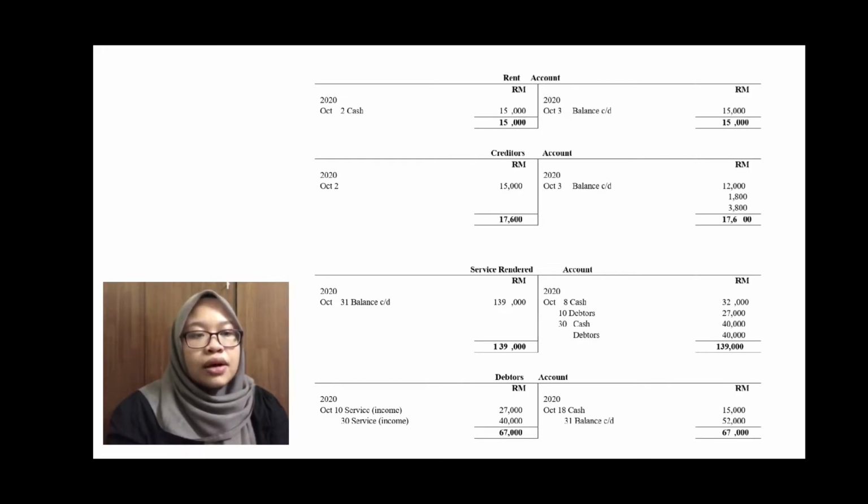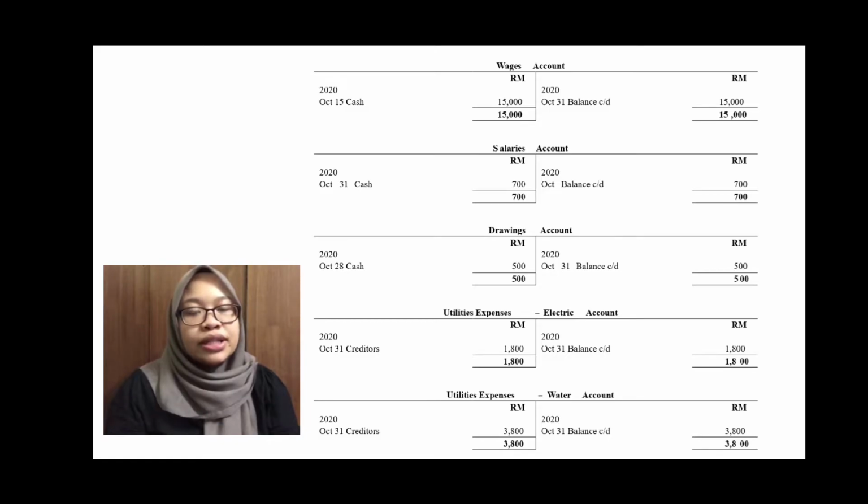For the debtor account, on October 10 they have service income, also on 13 for the service income, and it becomes 67,100. And for October, on 18 October cash, and on 31 the balance becomes 70,000 ringgit.